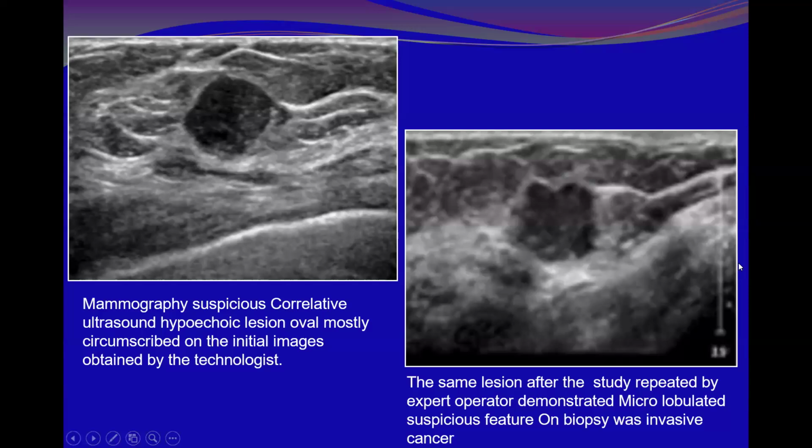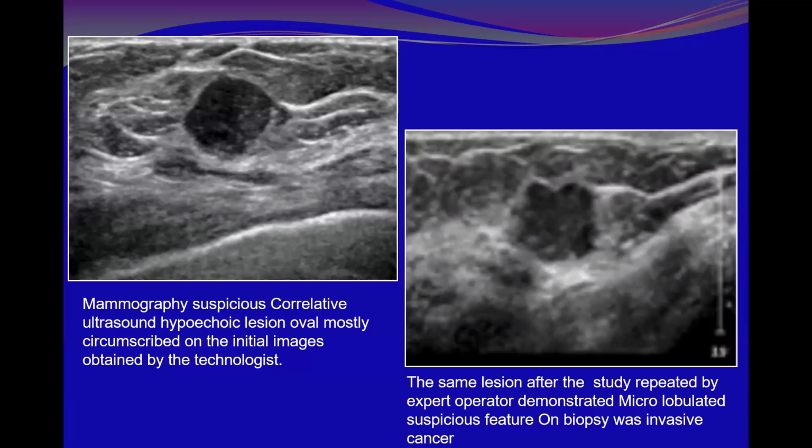So we have to be cautious while scanning for the margins, okay? Looking for the margins, we have to sweep throughout. Yes, you might see part of the lesion as circumscribed, but is the whole margin circumscribed or not?